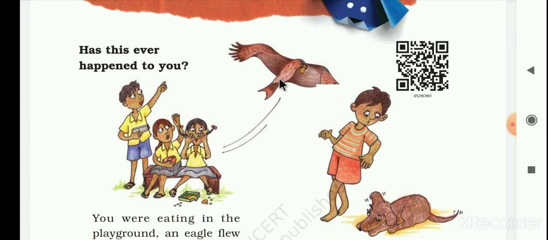Oh my god, the bird comes and takes her food. She gets shocked, right? She is thinking, what happened? Who took my food? The girl sitting near her sees the bird flying and taking her food. The boy over here is pointing out that the bird has taken her food.